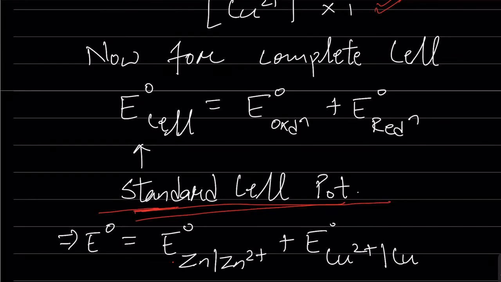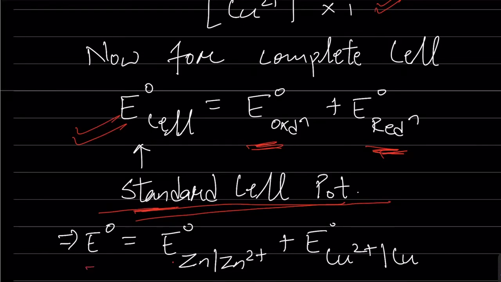Scalar quantity means 1 plus 2 equal to 3. It is not a vector quantity. So we will simply add, what do we add? We add the potential generated by the oxidation half cell and the potential generated by the reduction half cell. Oxidation and reduction, we will add both the potentials. That will give us the standard cell potential.